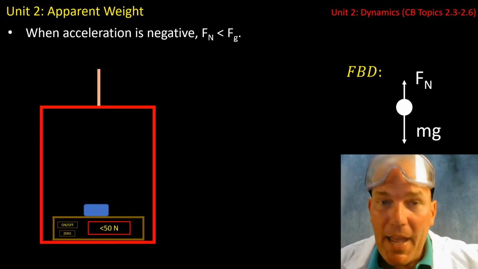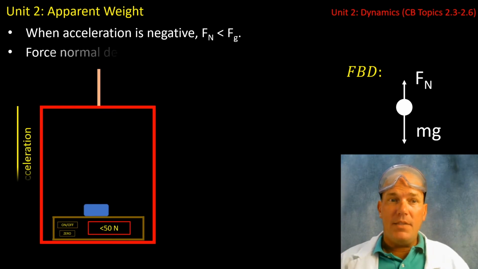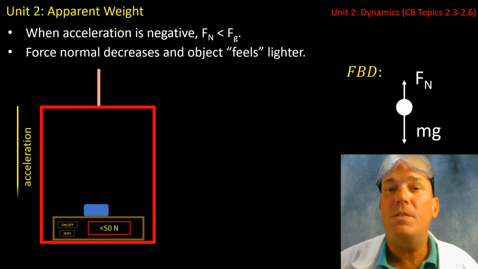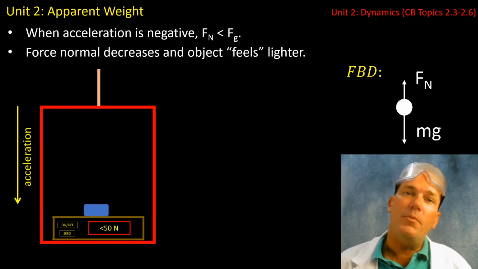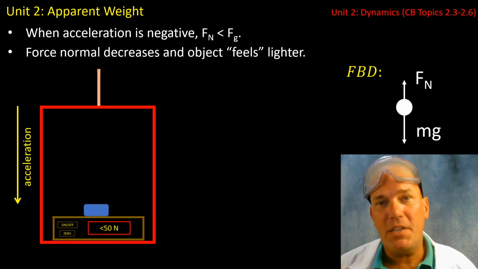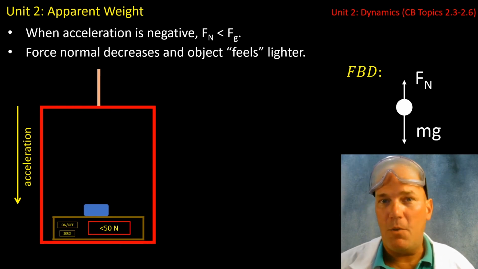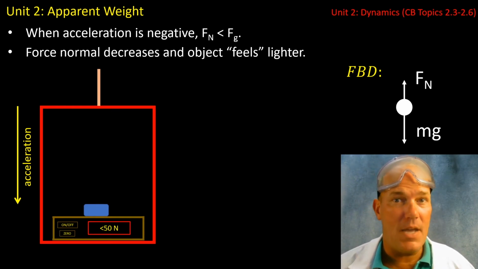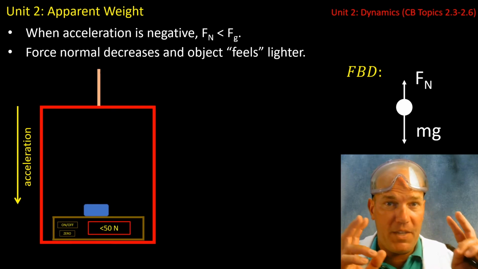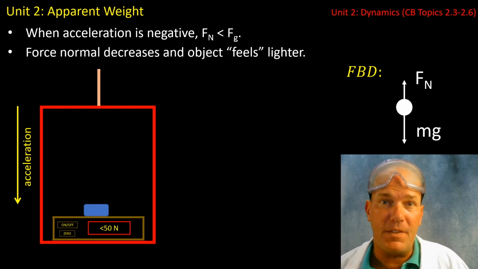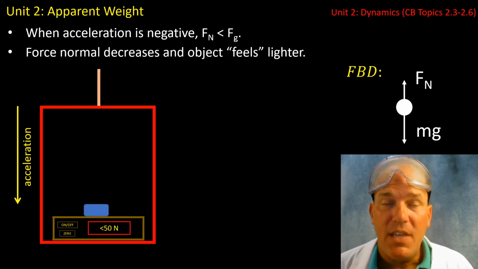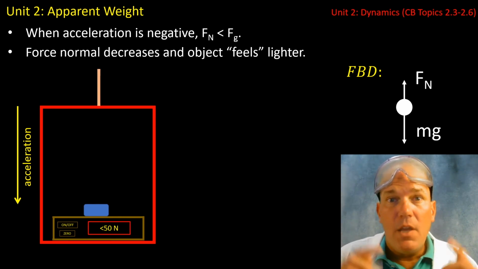So it's going down. And in this case here, force normal will decrease. When the acceleration is in the same direction as the acceleration due to gravity, force normal will decrease. Again, weight stays the same, but the apparent weight, our feeling, anthropomorphically speaking, the object's feeling of weight will go down.